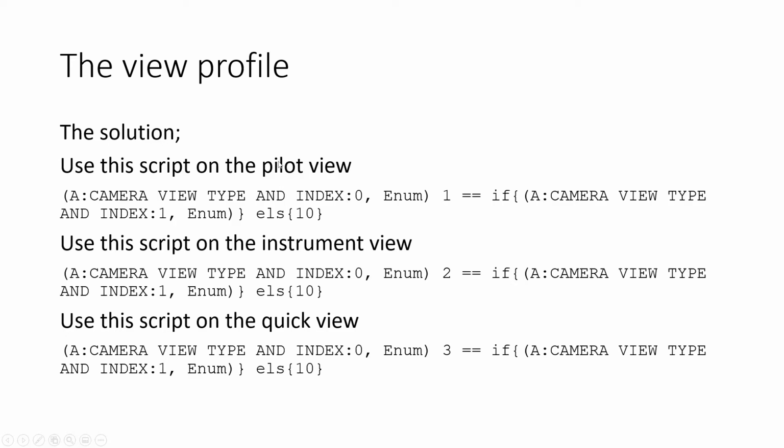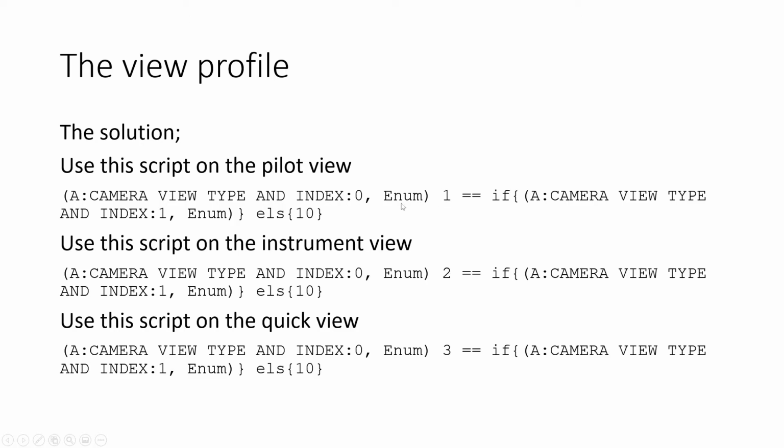If we're in the pilot view, we check that we are in the pilot view. We check index 0 and look to see if it's number 1. And if we are in the pilot view, we read index 1, find out which of the subviews of the pilot view we are in, and send that to the button.